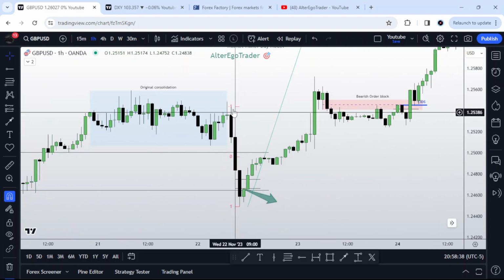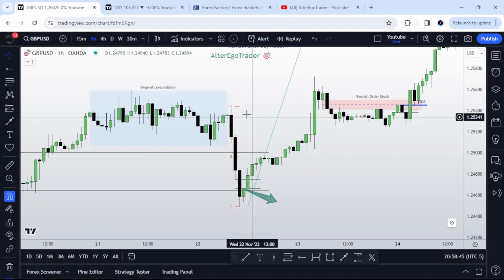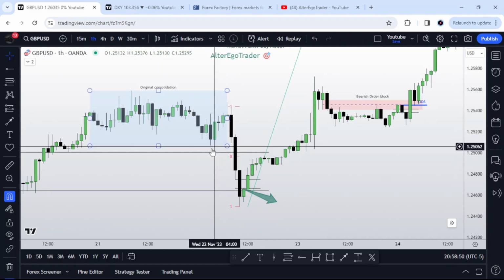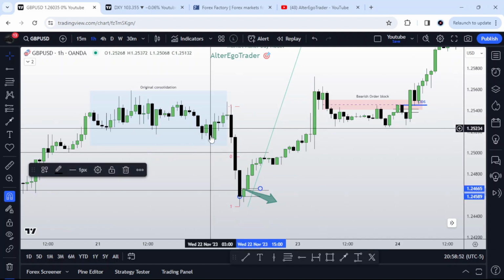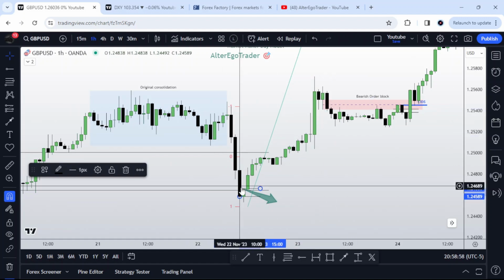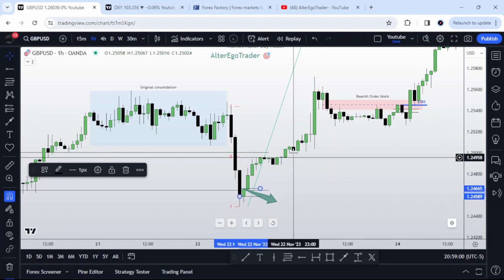I sold here. I'll take you to the lower time frame and you'll see that it's the low risk sell of the market maker sell model. This is actually a market maker sell model, and it's part of the bigger market maker buy model.